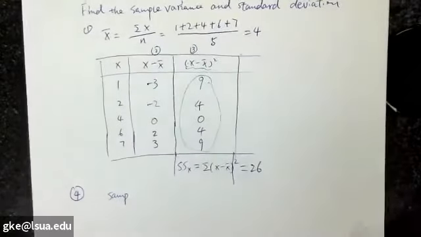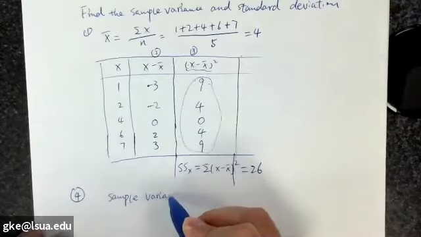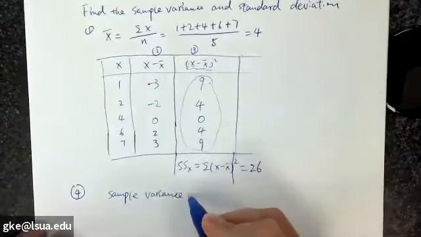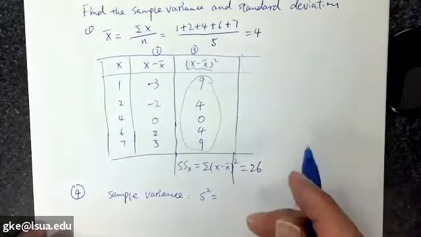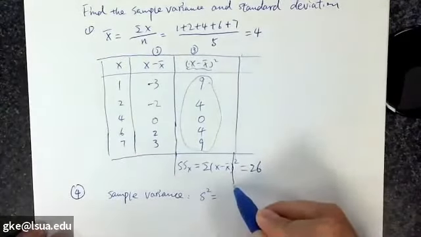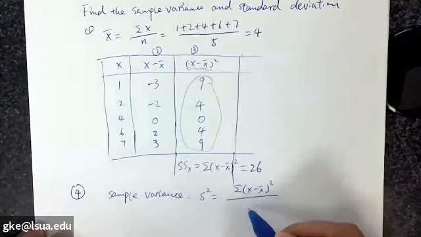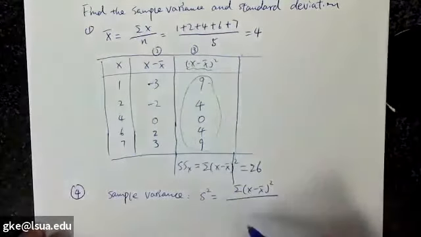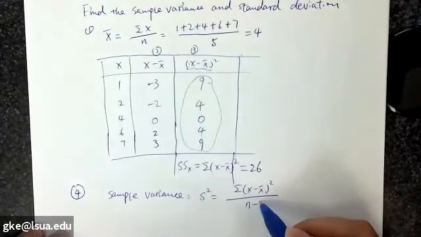It should be S squared equals the summation divided by n minus 1.